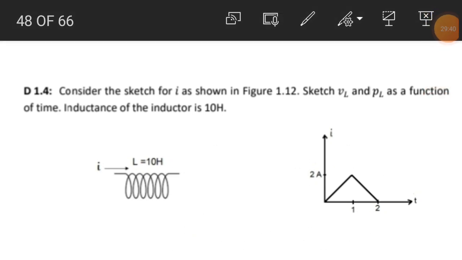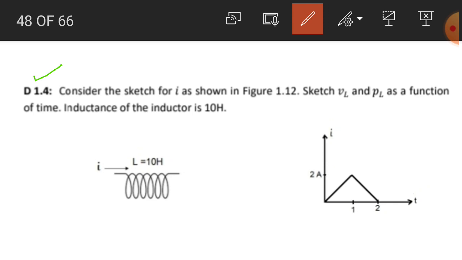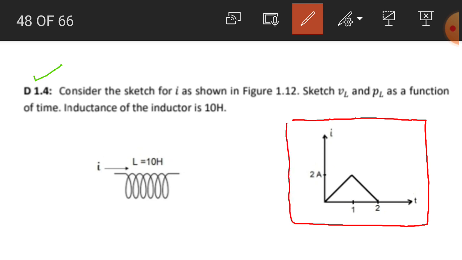We do example number 1.4. In example number 1.4, consider the sketch for the current in an inductor of 10 Henry, as shown in this figure. This is the sketch for the time-varying current in an inductor of 10 Henry.